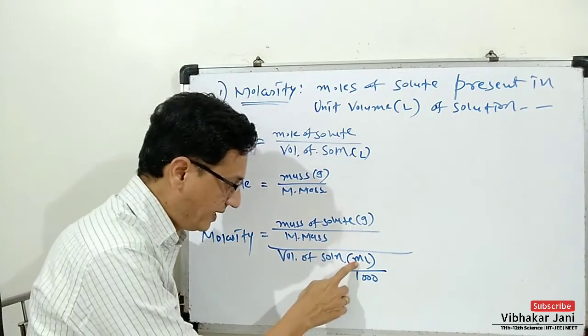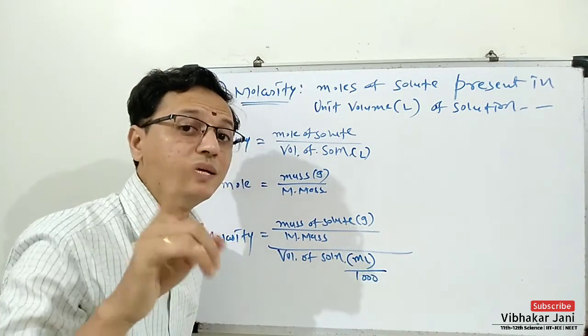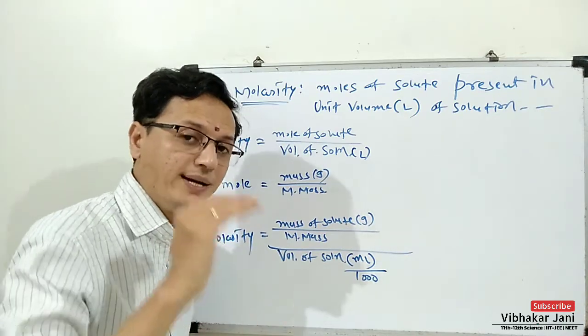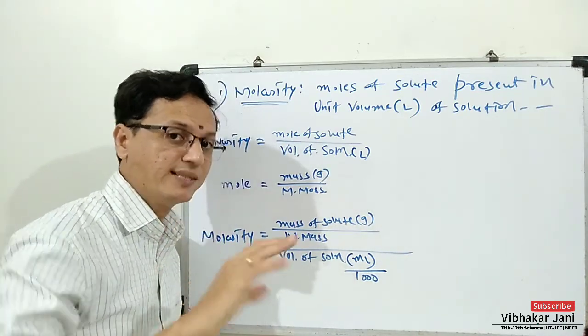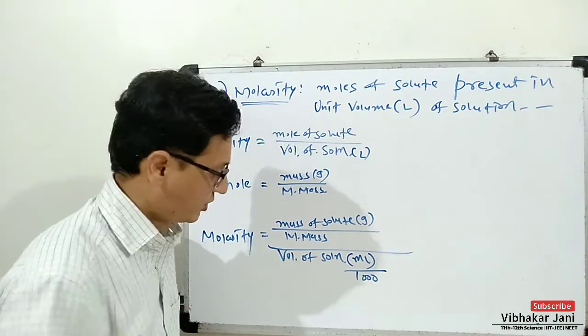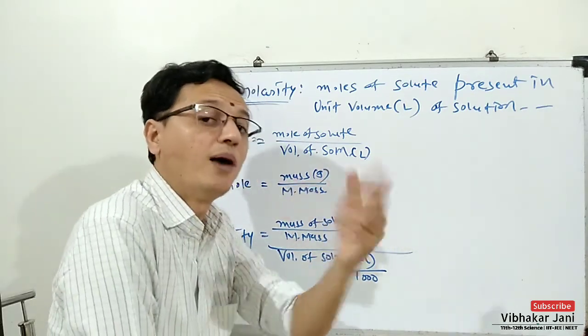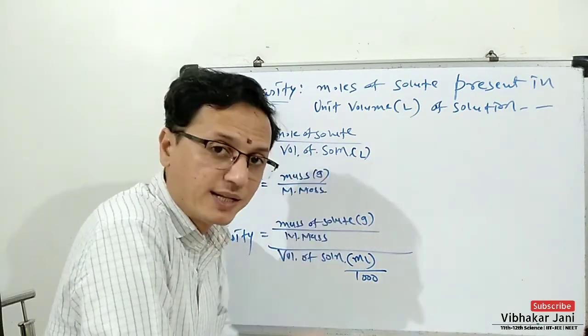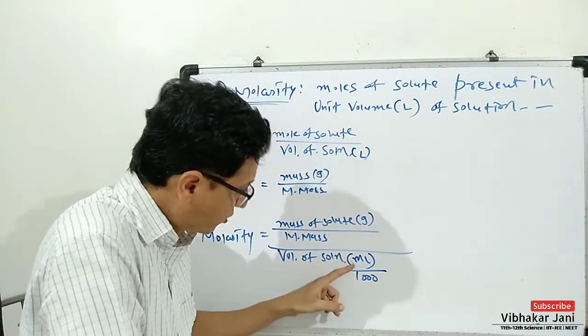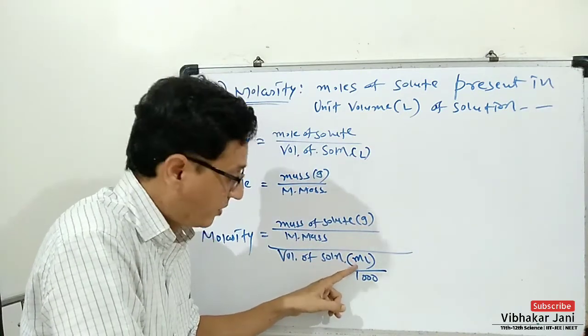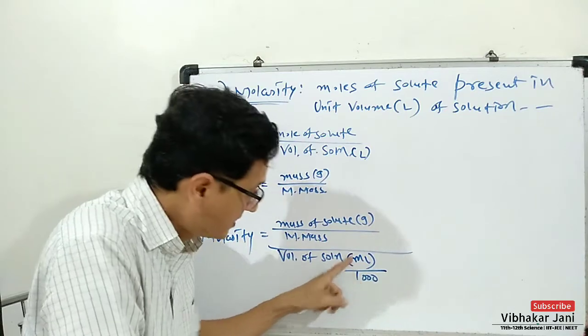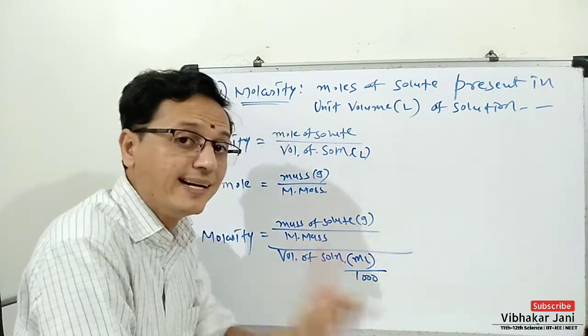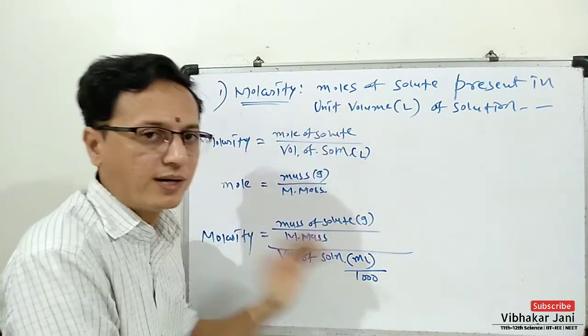If you divide milliliter by 1000, then it will be equal to liter. So 1 milliliter is equal to how many liter? 1 divided by 1000. So here, though I have written milliliter, I have divided it by 1000, that means this is equal to liter. So it is according to our definition.